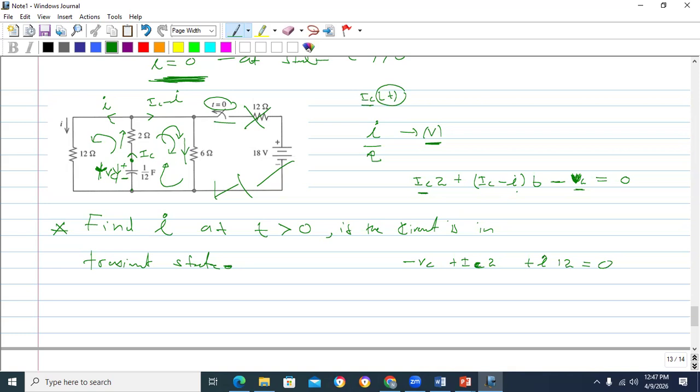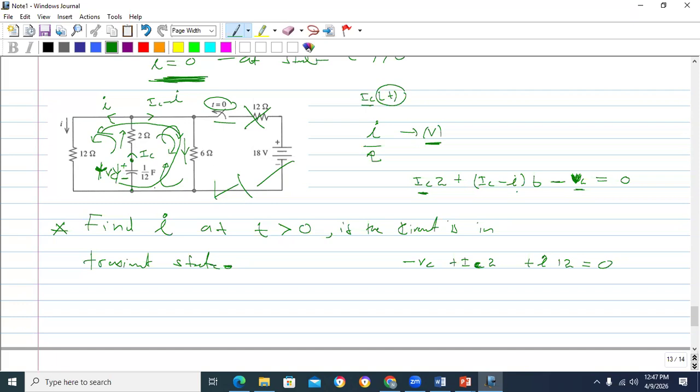So you need to get rid of this IC and VC. But I think another equation should be there, no? Otherwise you can't get rid of. Maybe you can apply the Kirchhoff voltage to this whole one.